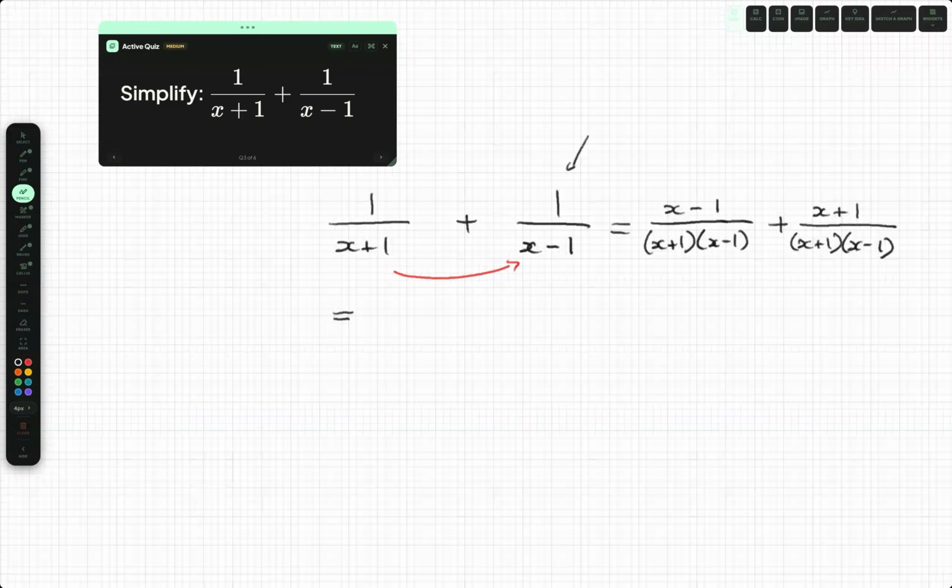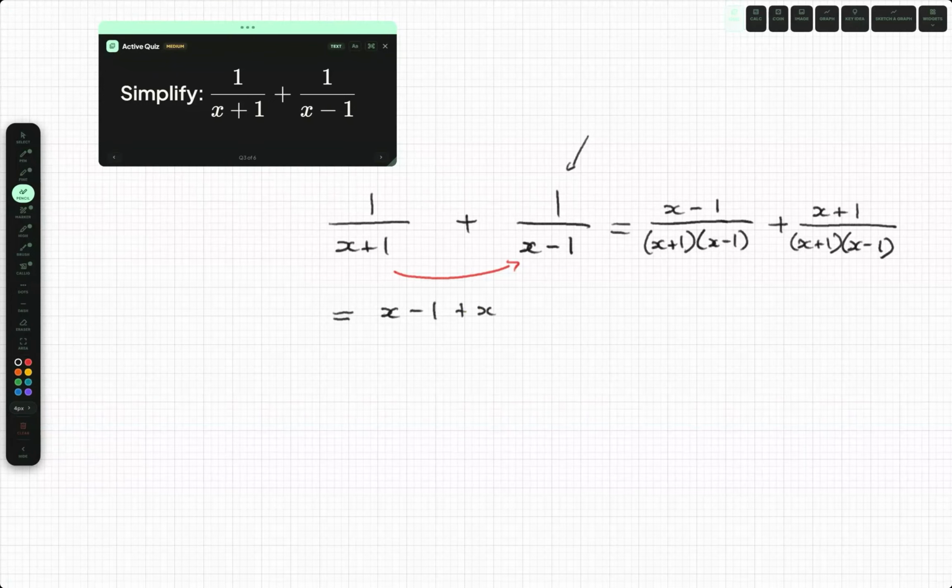Okay, so once you've done that, you can perform the operation. So it's x minus 1 plus x plus 1 all over x plus 1 times x minus 1. Like terms are going to be our two pronumerals and then our two constant values.